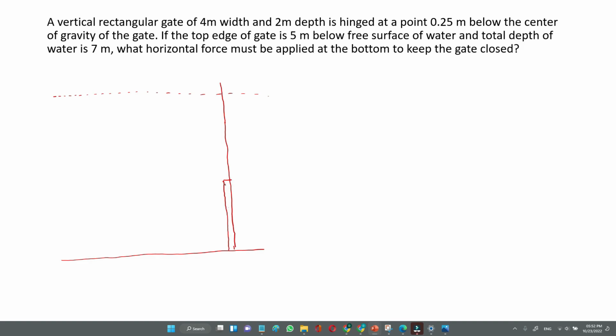You can see the gate here. The top edge of the gate is at a depth of 5 meter. The total depth of the water is 7 meter.